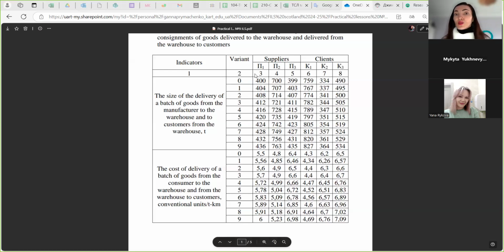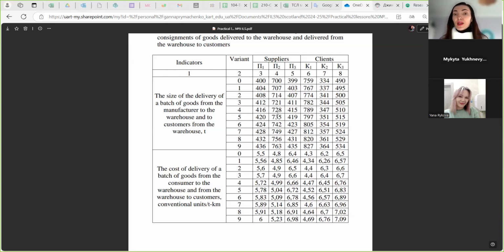It is also search column only for first supplier. Zero variance, it is 400. For first variance, it is 404. For second, 408. Please find it for your variant. And write plus or add.